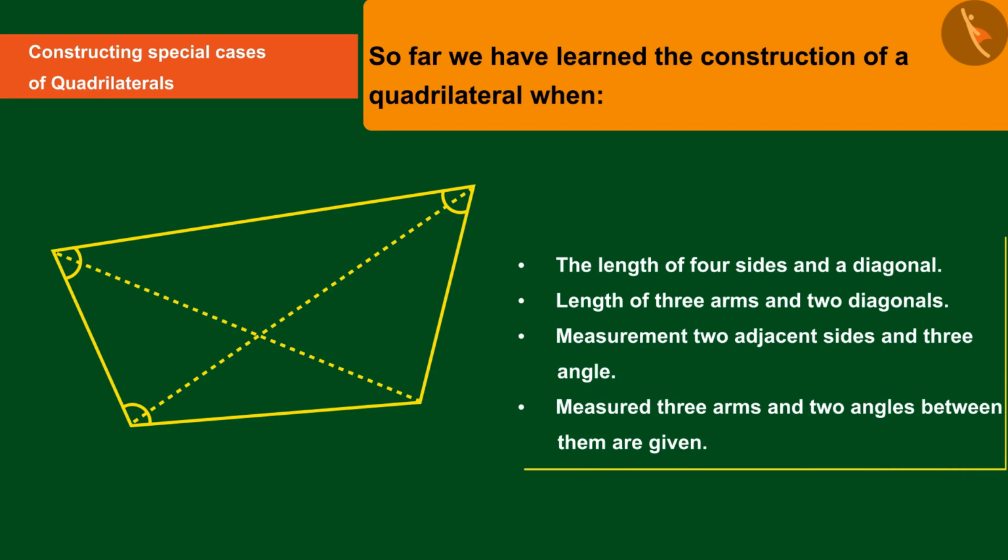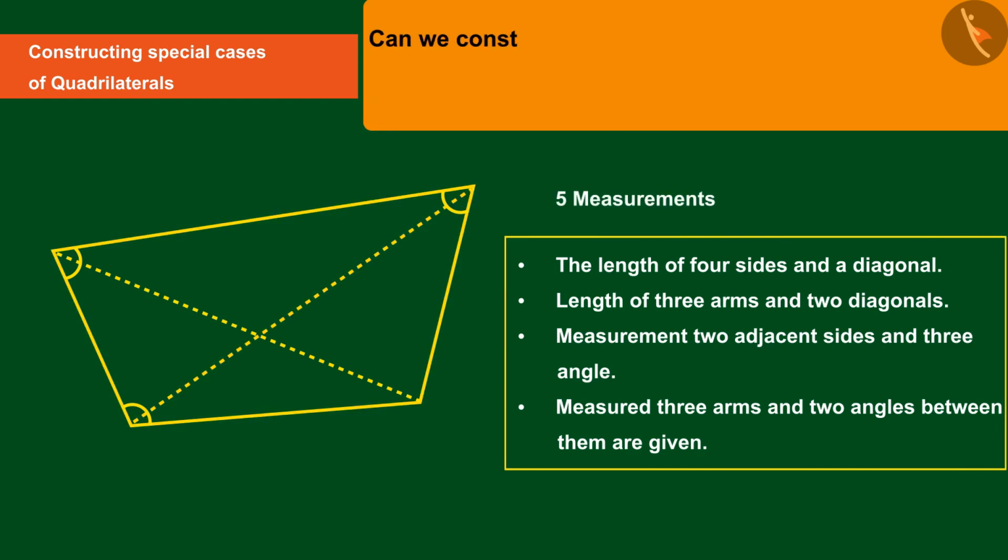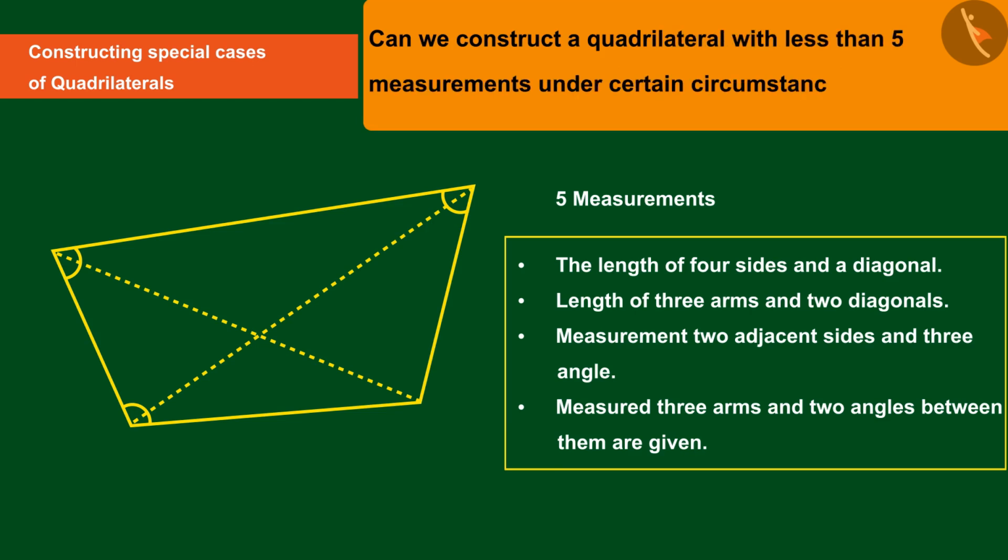As you know from the previous video, any 5 measurements are required to construct a quadrilateral. Can we construct a quadrilateral with less than 5 measurements under certain circumstances?